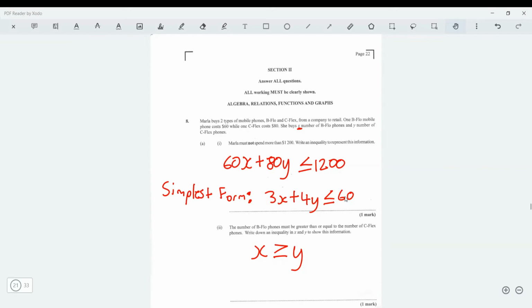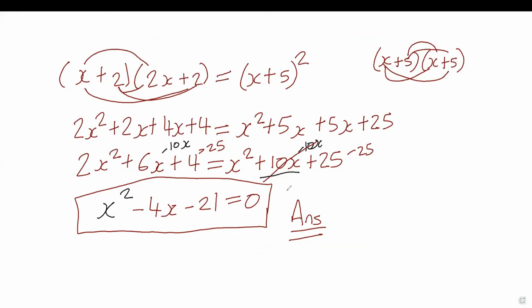So I'm just gonna go to the whiteboard just for a split second. Let's go to the next page right here. If you were to look at this line, 3X plus 4Y equal to 60, ignore the less than or equal to. If you made Y the subject, you'd have 4Y is equal to 60 minus 3X.